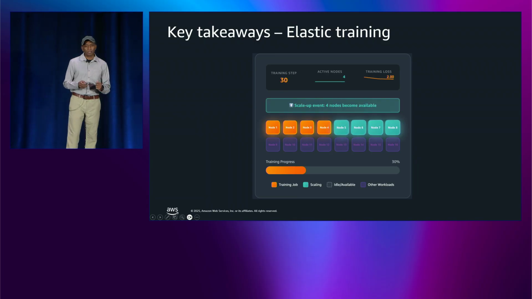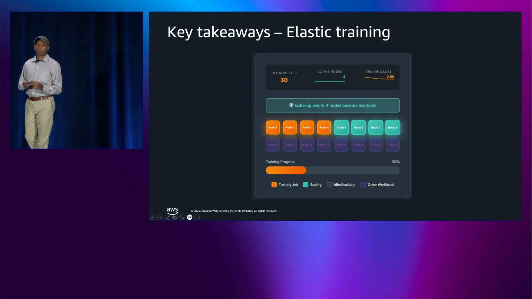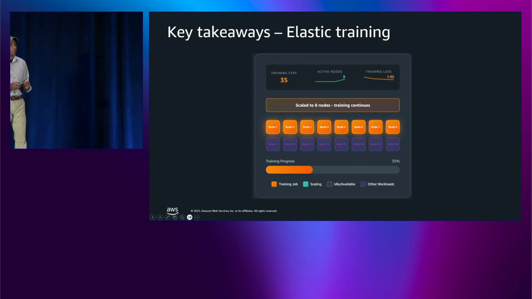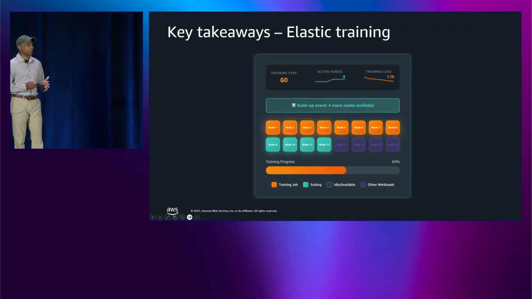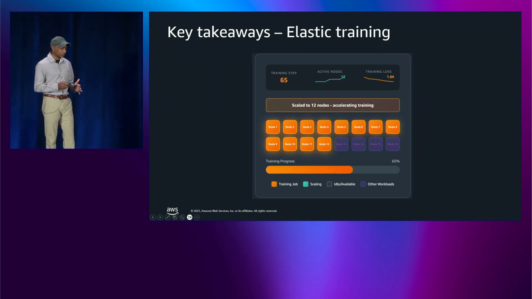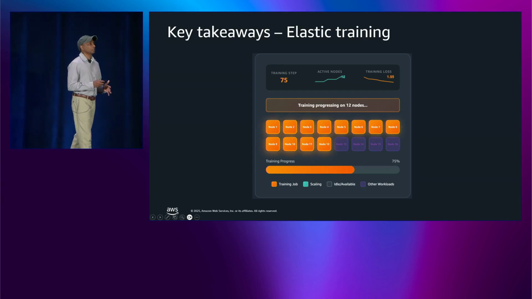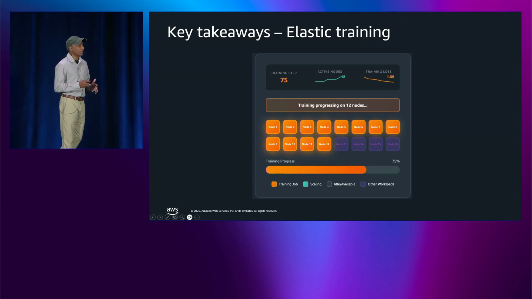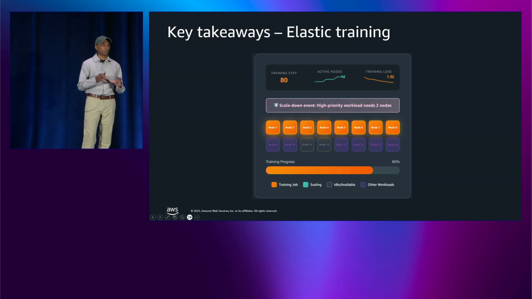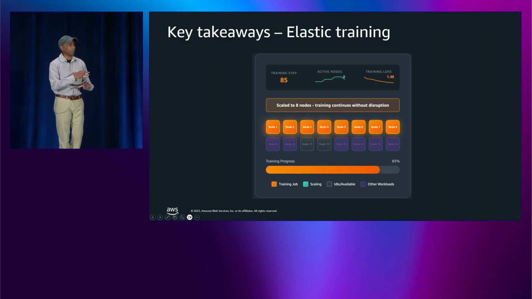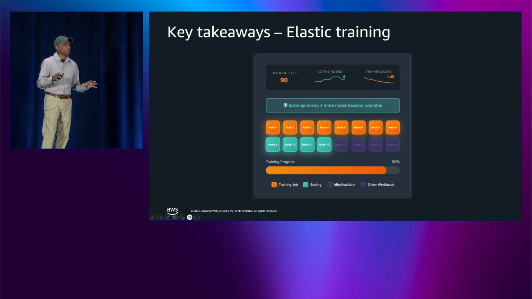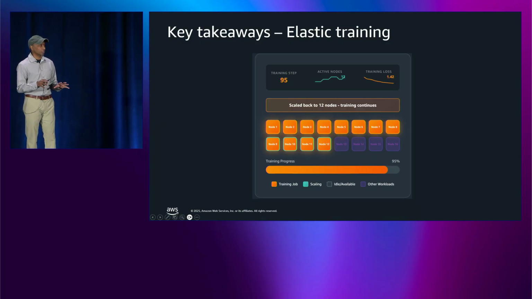To wrap up, elastic training marks a fundamental shift in the way you think about AI infrastructure. Long gone are the days where you have to manually allocate certain resources for certain jobs, and then you have to play Tetris to make sure that every job fits in your system.